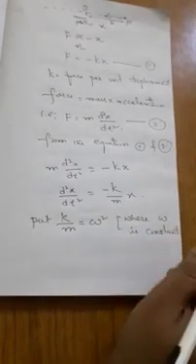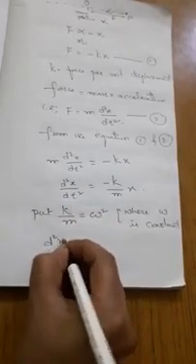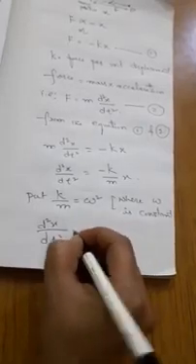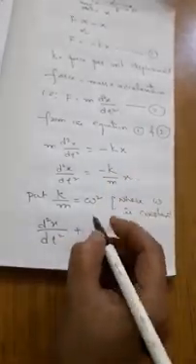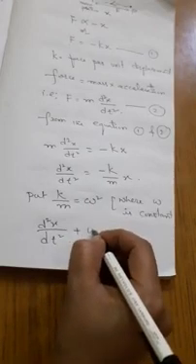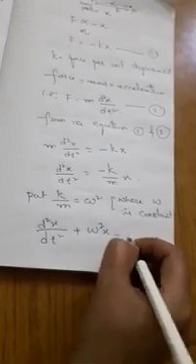So we can write d square x by dt square plus omega square x is equal to 0.